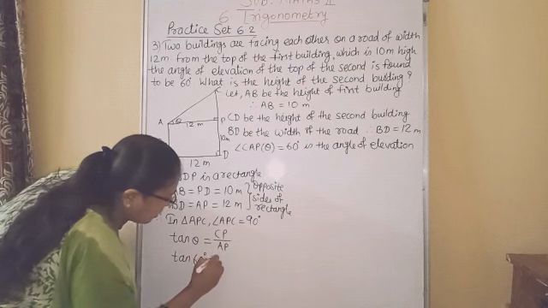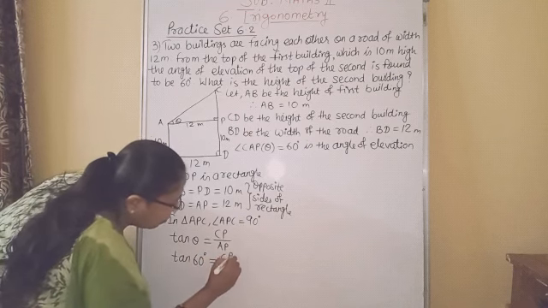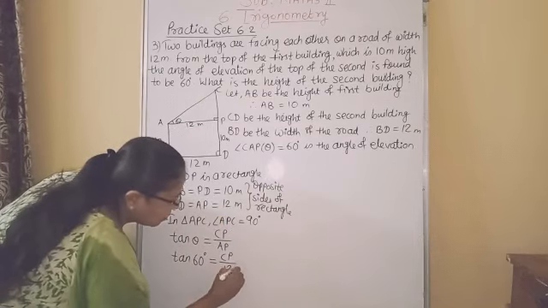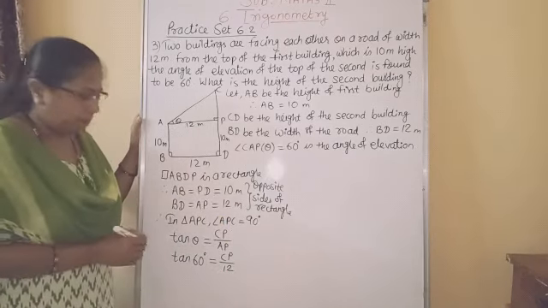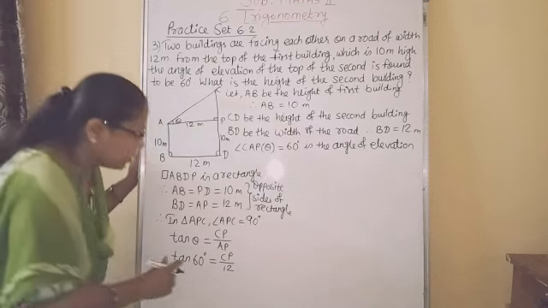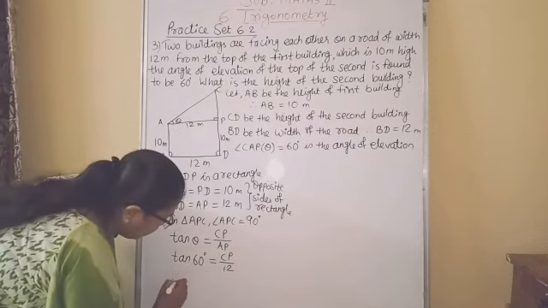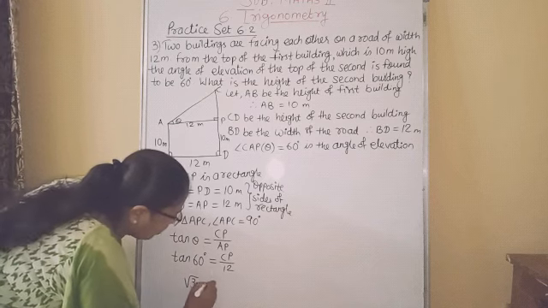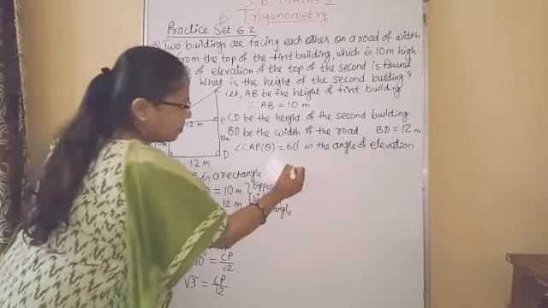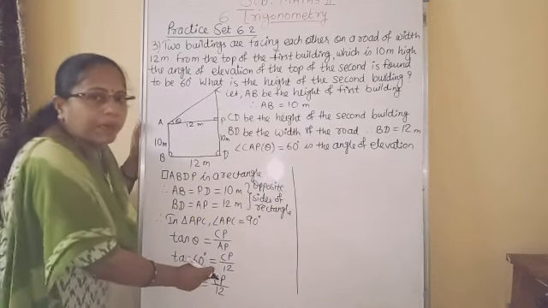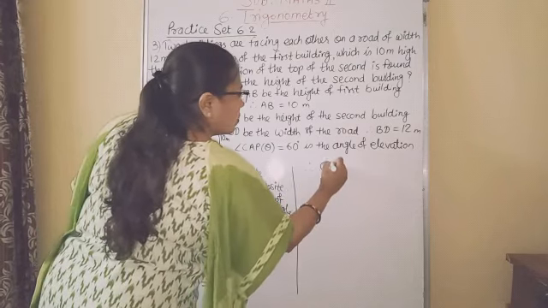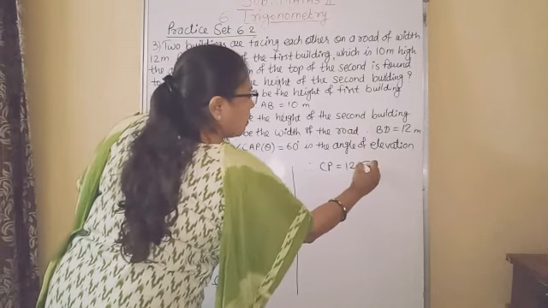So, tan 60 degrees is equal to CP, which we don't know, but AP is equal to 12. Okay. Now we know the tan 60 degree value. Tan 60 is equal to root 3. Therefore, root 3 is equal to CP upon 12. Therefore, CP is equal to 12 root 3.